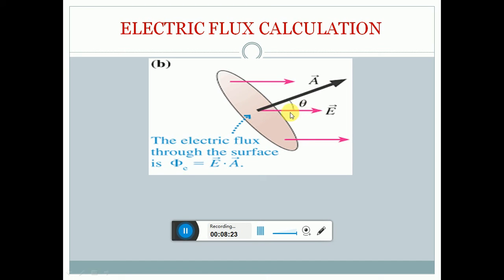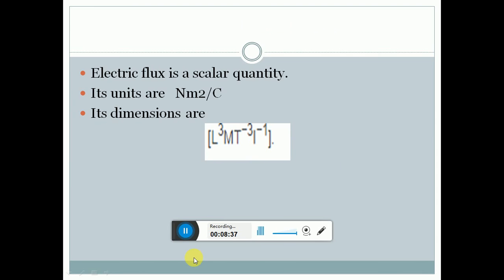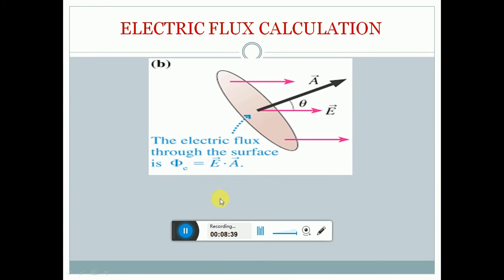Only the horizontal component can be considered. So A cos theta can be considered along this direction with the E. So E A cos theta, as we studied in 11th class, that is E bar dot A bar. This is the dot product of the intensity of the electric field and the area vector.